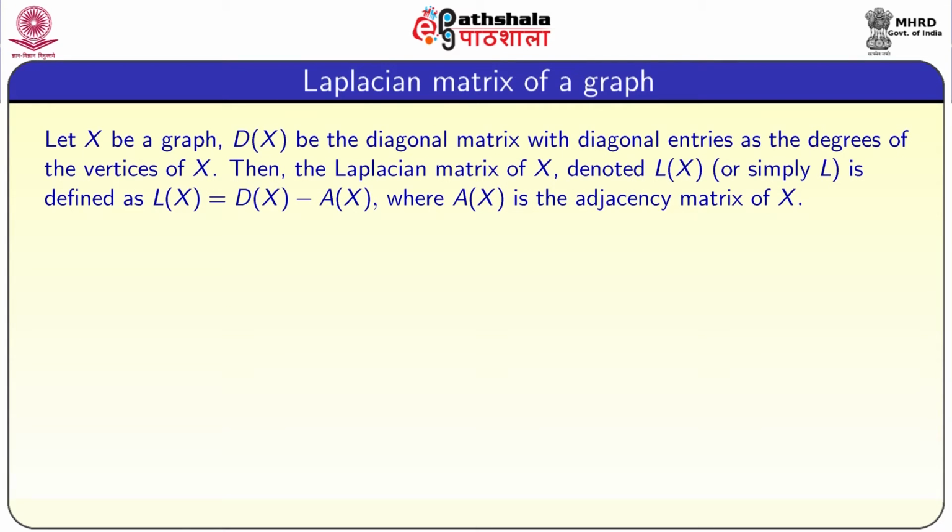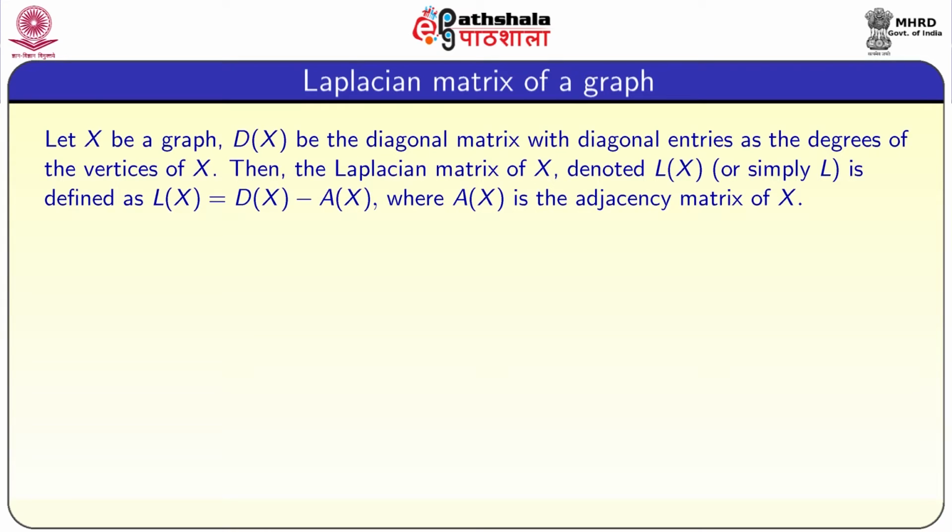Laplacian matrix of a graph is defined like this. Let X be a graph, D of X be the diagonal matrix with diagonal entries as degrees of vertices of X. Then the Laplacian matrix of X, denoted L of X or simply L if X is clear from the context, is defined as L of X equal to D of X minus A of X, where A of X is the adjacency matrix of X. Simply, Laplacian matrix is equal to degree matrix minus the adjacency matrix.